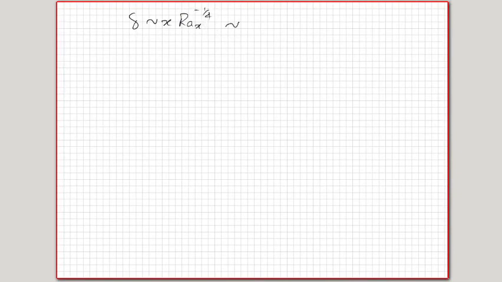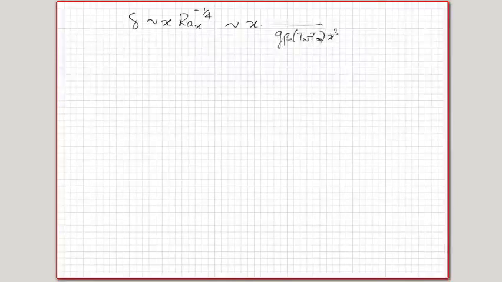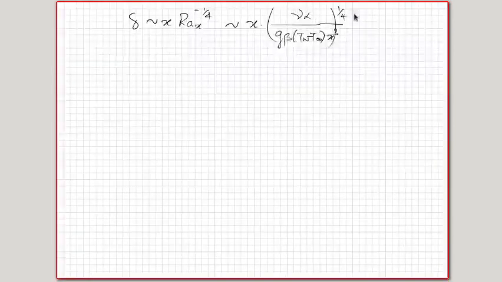So which I will write as x multiplied by g beta into t1 minus t infinity into x cubed divided by nu alpha whole to the power of 1 by 4. Okay, because Ra to the power minus 1 by 4, I wrote 1 by Ra to the power of 1 by 4. So what happens here?